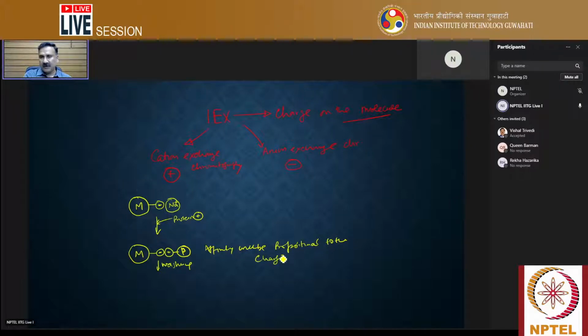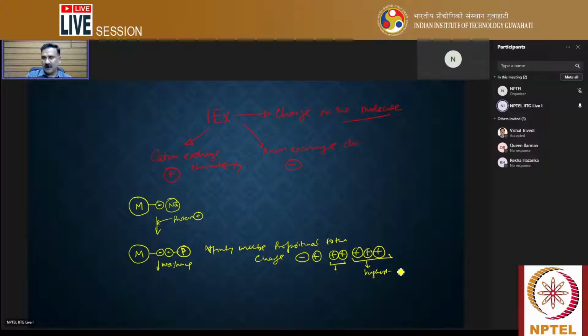This means if I have four molecules, one is negatively charged, another has one positive charge, the second has two positive charges, and the third has three positive charges, then the one with three positive charges is going to have the highest affinity, and this one is going to be in the middle range.